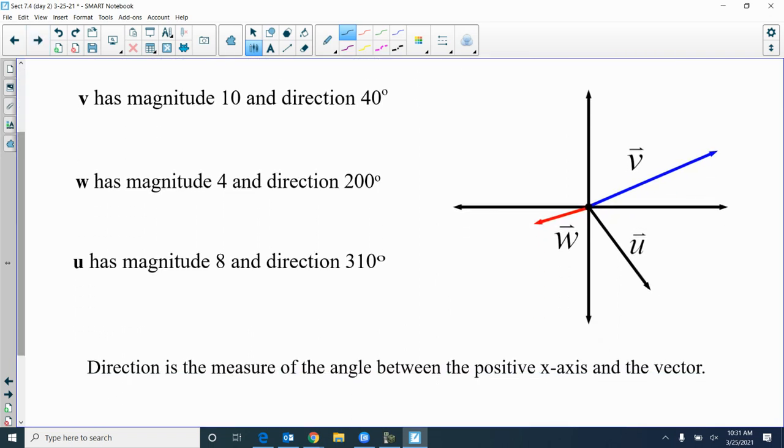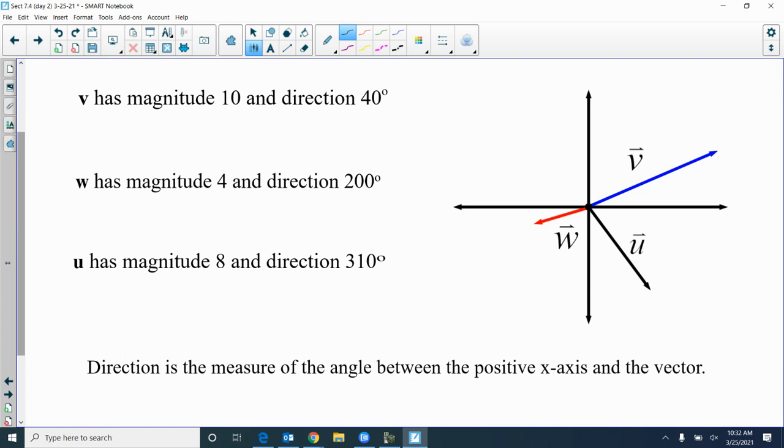The direction is the angle between the positive x-axis and the vector. Just like in a unit circle, you got 40 degrees, you got 120 degrees, you got 210 degrees. You're always going off the positive x-axis. W has a magnitude of 4 in a direction of 200. U has a magnitude of 8 in a direction of 310.